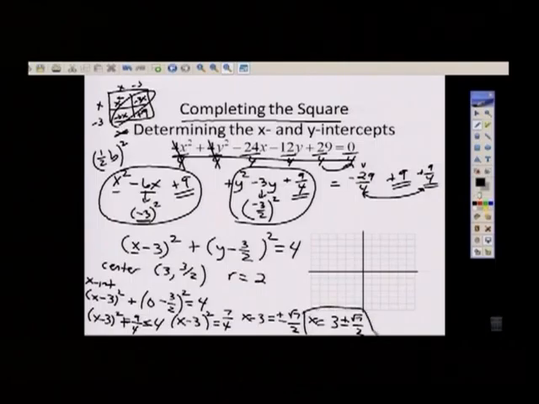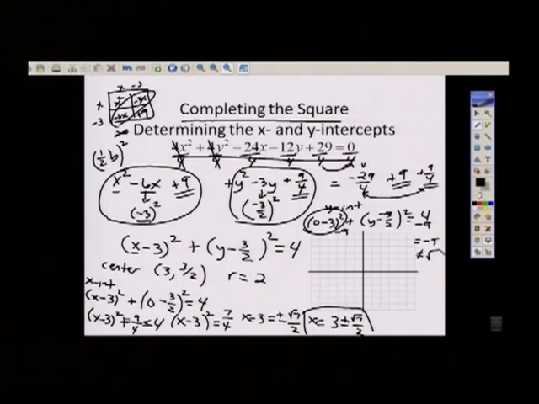If I go back and do the same thing by putting 0 in for the x to find the y-intercepts, I end up with this being 9, so when I subtract the 9 over, I end up with a negative 5, which I cannot take the square root of. So that tells me that there are no y-intercepts.